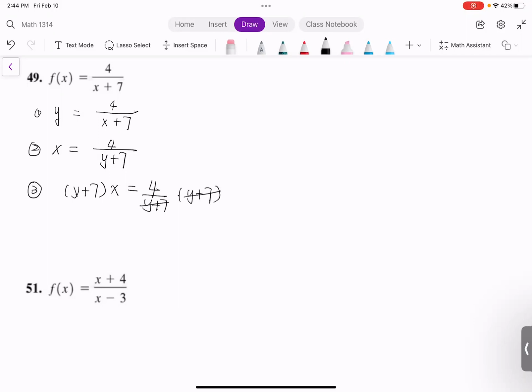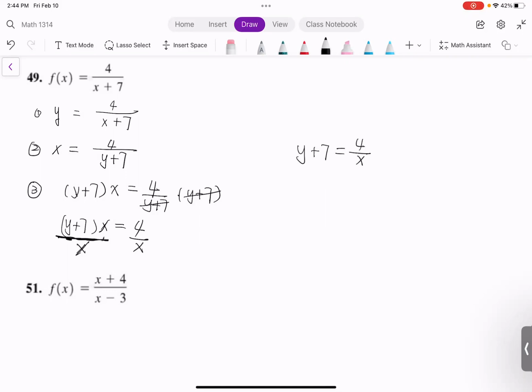Then we need to solve for the new y. Y plus 7 times x equals 4. I need to solve for the y. Can I have x on the left-hand side? No. So let's get rid of the x first, the faraway term first. So divide by x on both sides. We have y plus 7 equals 4 over x.